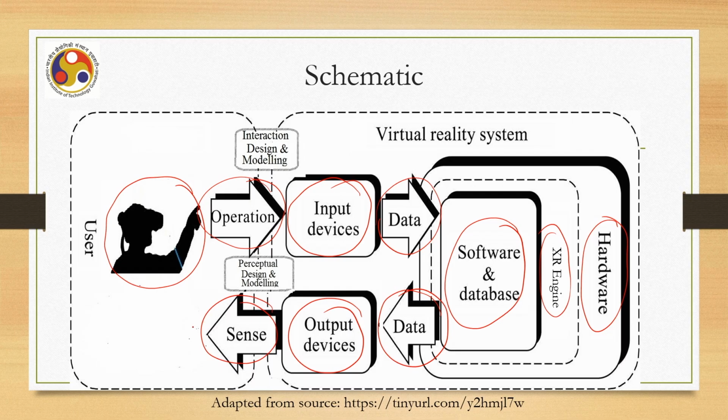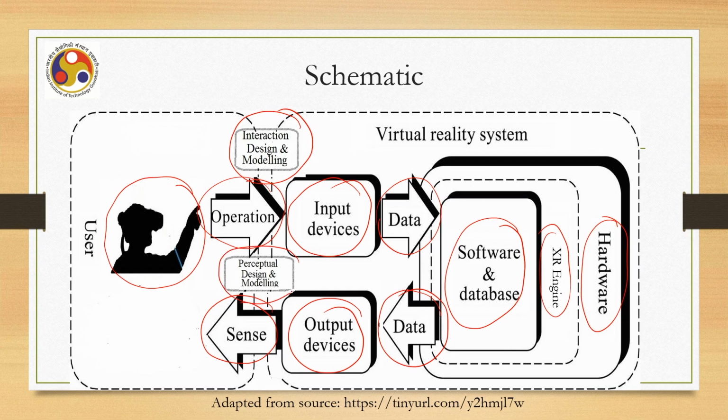Now, while providing input data, we should assist the user provide input data seamlessly, effectively, easily, following a user centered design approach, which is captured here: interaction design and modeling, how to provide input from the user's point of view, how easily to provide input.